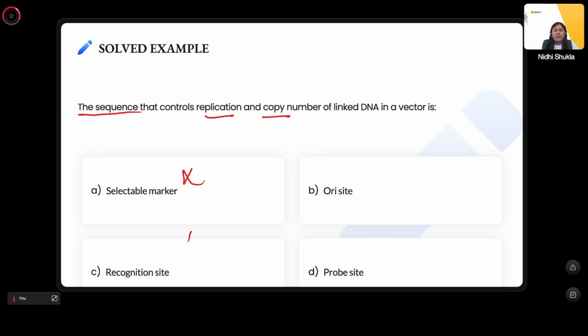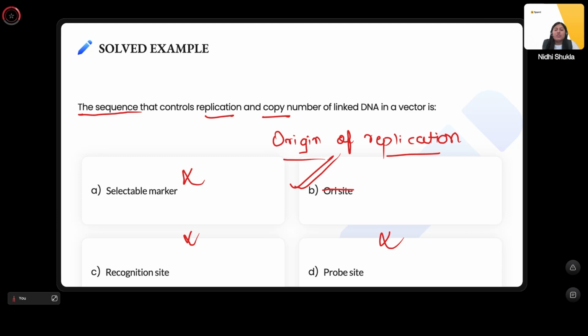Selectable marker, no. Recognition site, no. Prop site, no. It is going to be your ORI site. If we expand ORI, it is basically your origin of replication. Okay. So it is the site in the vector from where replication begins. And you know, when you introduce your foreign gene into vector DNA, you want your foreign DNA to replicate. So for that, your vector should have an ORI site.